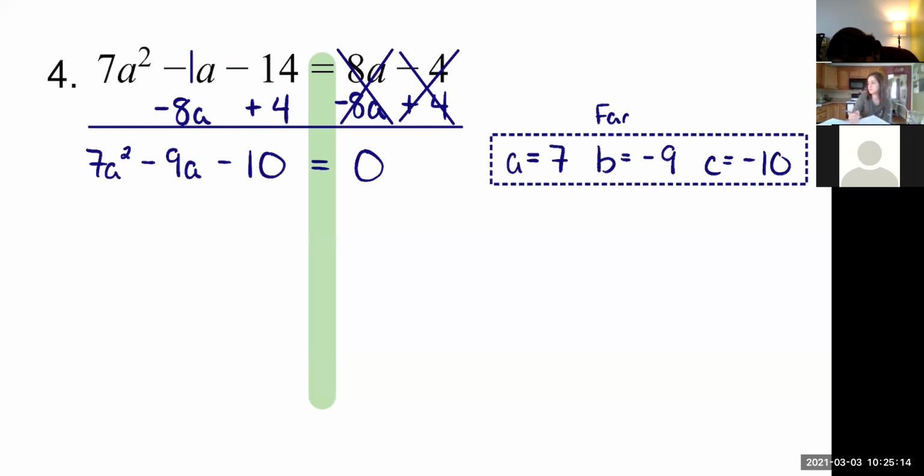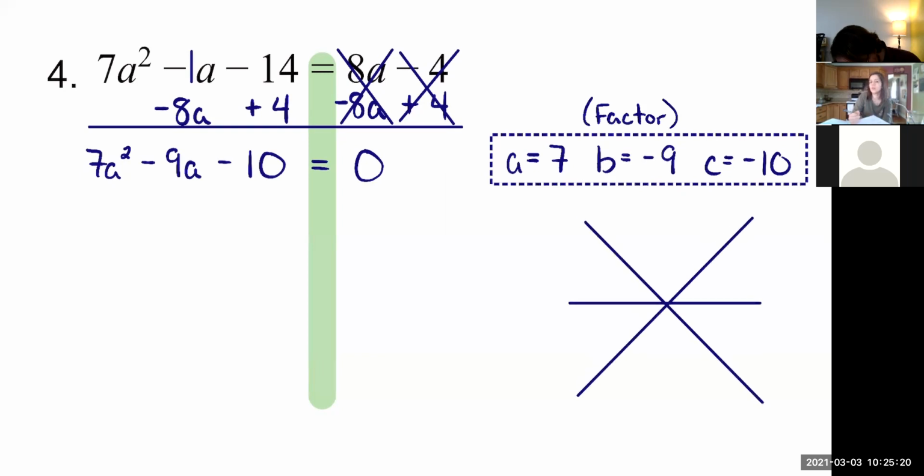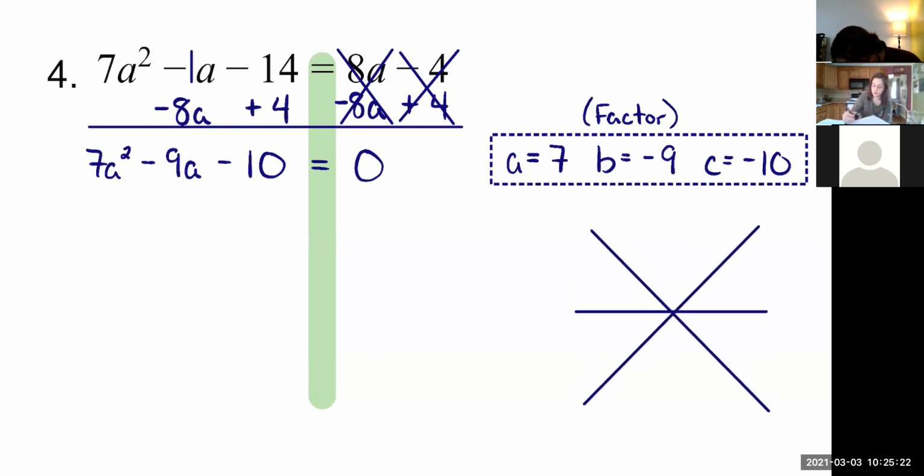So we're still trying to factor. We're still in step 2. So on top, we'll have A times C. So I'm looking at 7 times a negative 10. Oh, should be a negative 70.